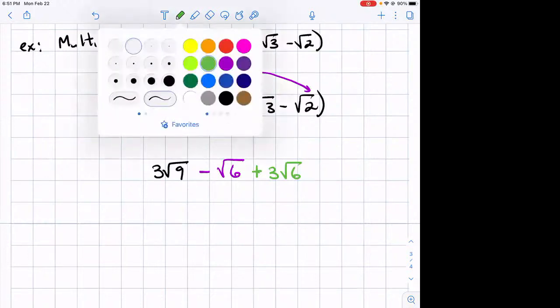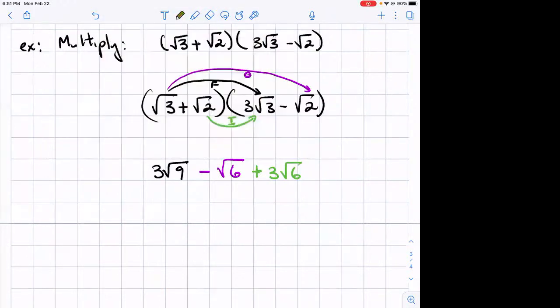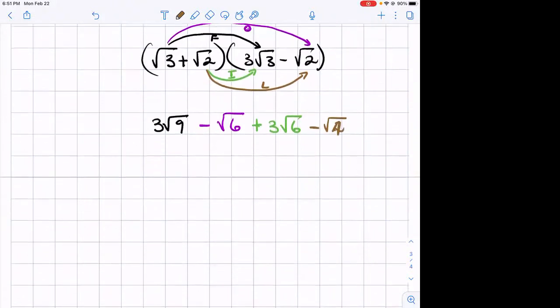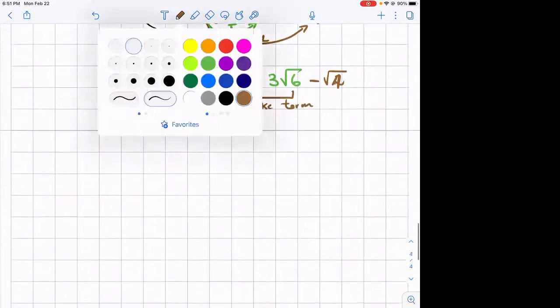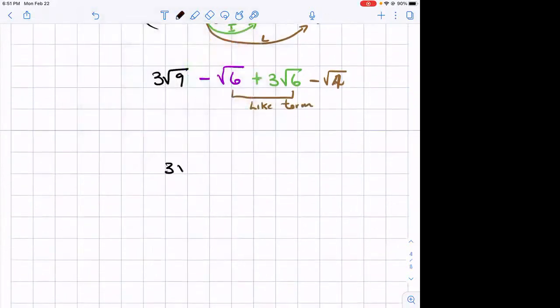And finally, if I multiply the last terms, we get minus root 4, since 2 times 2 is 4. So notice again, we have like terms. I can combine those two like terms: minus 1 plus 3 becomes plus 2 root 6. So we have 3 root 9 plus 2 root 6 minus root 4.